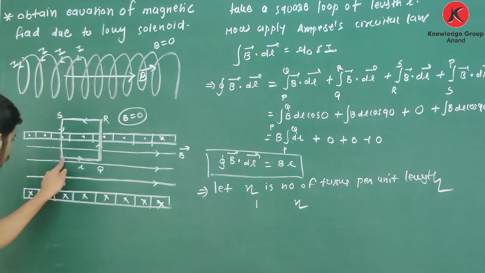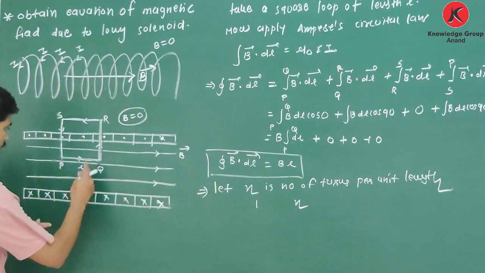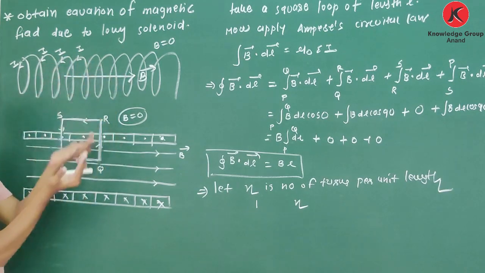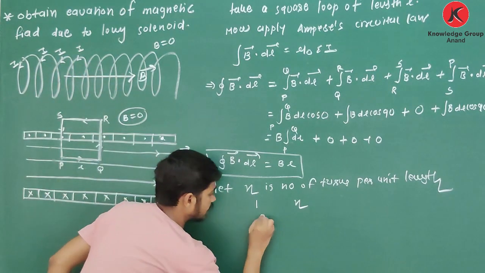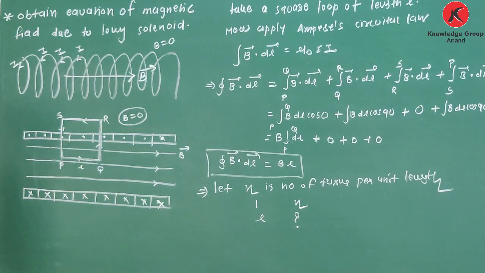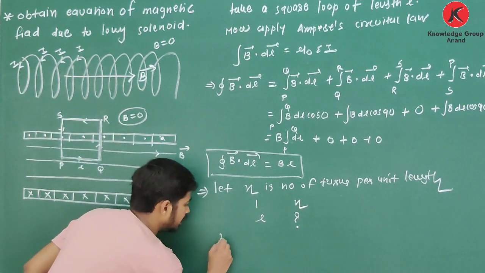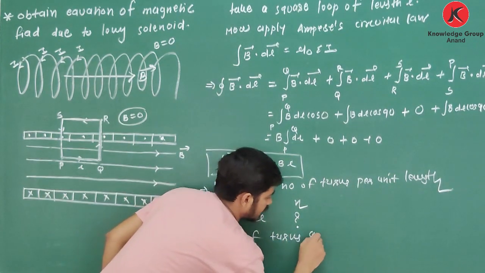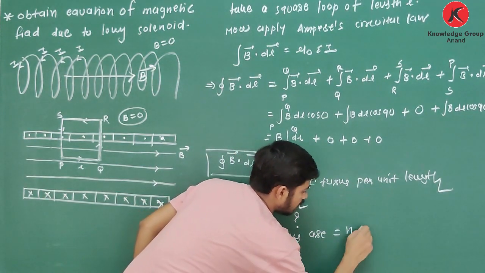Here, what is the length of this Ampere loop? It is L. For length L, the number of turns is nL.